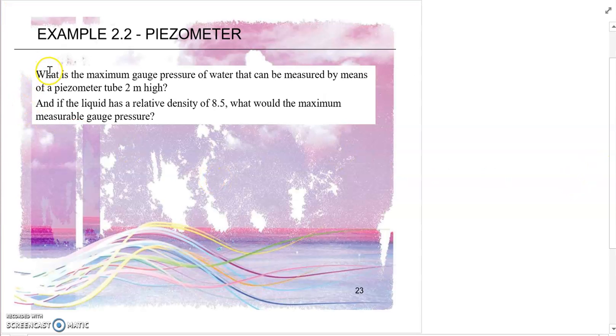Let's proceed to the next example. What is the maximum gauge pressure of water that can be measured by means of a piezometer tube 2 meter in height? And what if the liquid has a relative density of 8.5? What will be the maximum measurable gauge pressure? First, let's look at water.